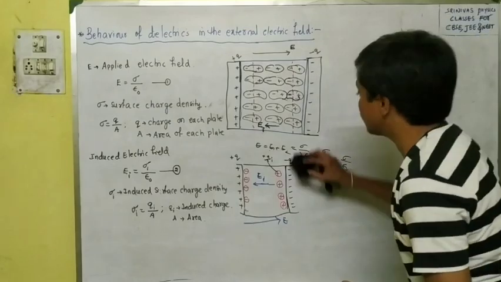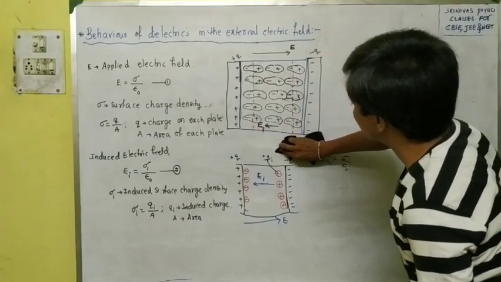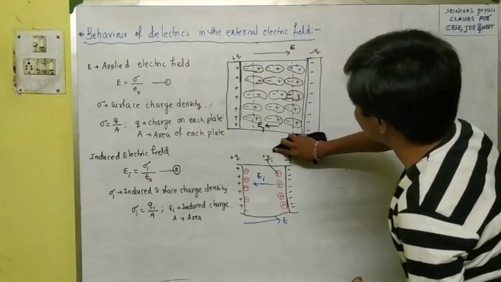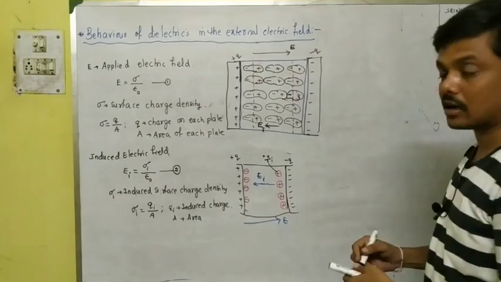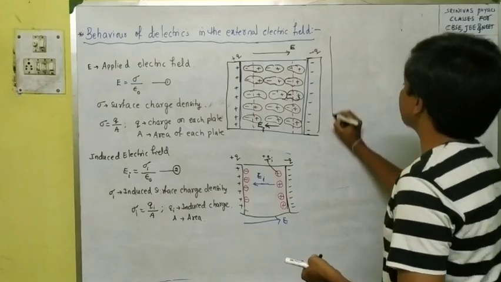How to find out the net electric field? There are two electric fields: the applied electric field is right side and the induced electric field is left side.